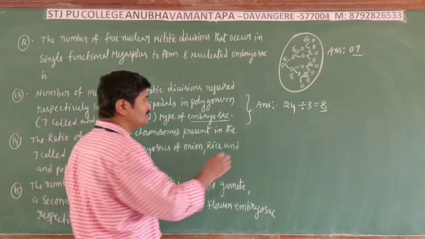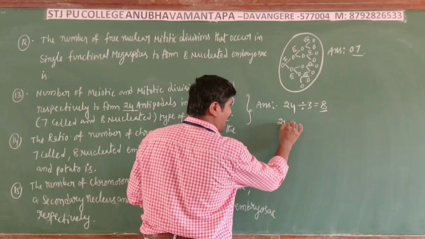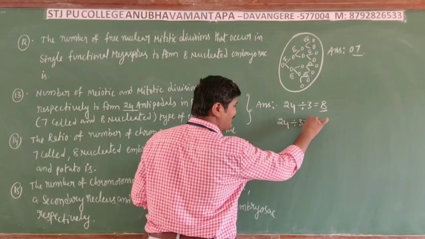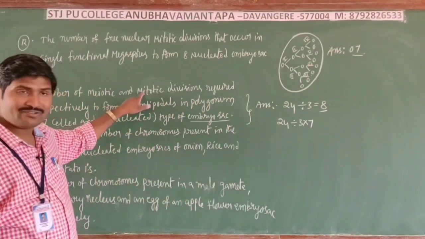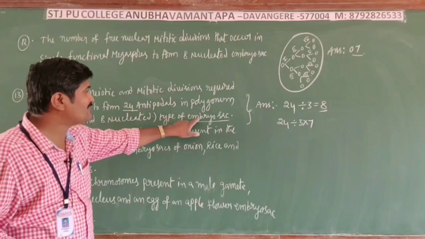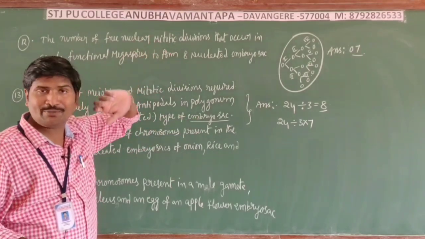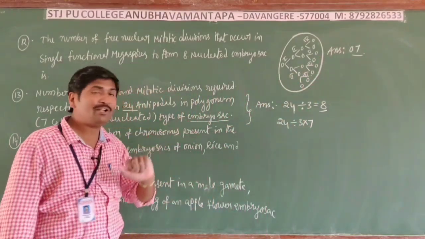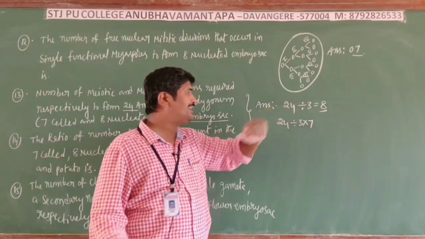Clear? Next one. 24 antipodals divided by 3, into 7 mitotic divisions. In each embryo sac, how many mitotic divisions take place? Total 7. How many embryo sacs are there? 8 embryo sacs.